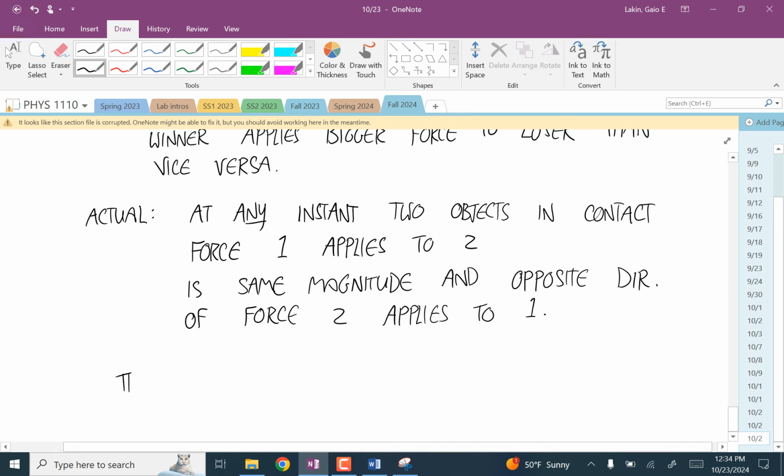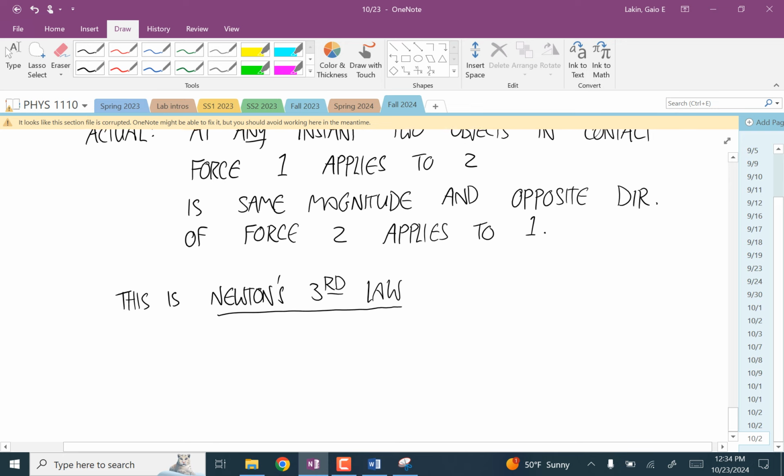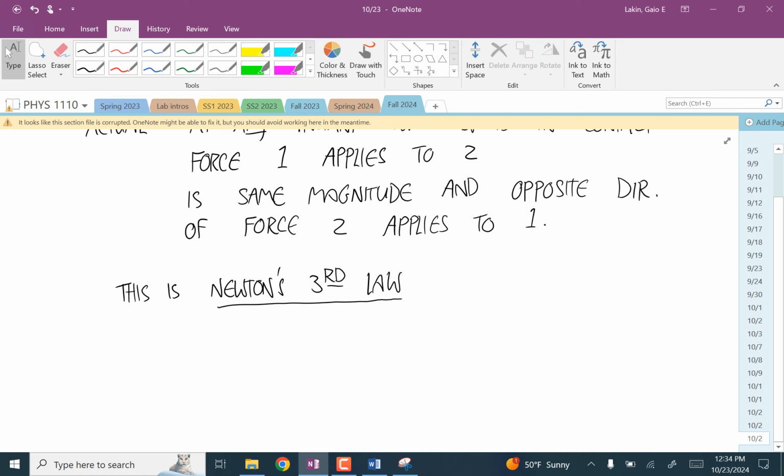This is called Newton's third law. And the way you've probably heard it before is a paraphrase of the way it's written in Newton's original manuscript, that for every action, there's an equal and opposite reaction.